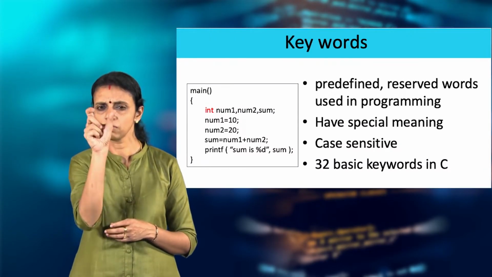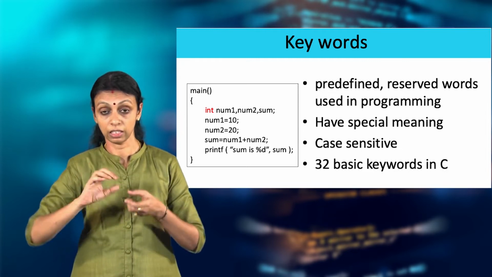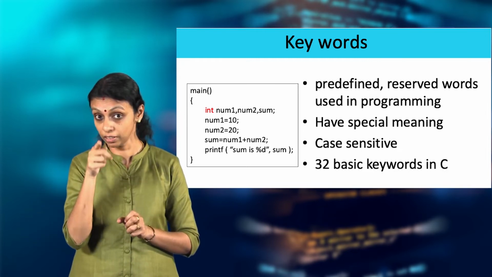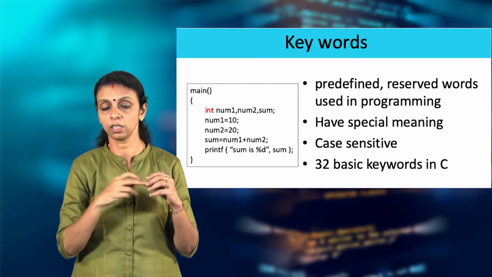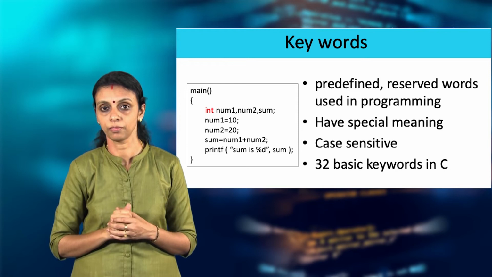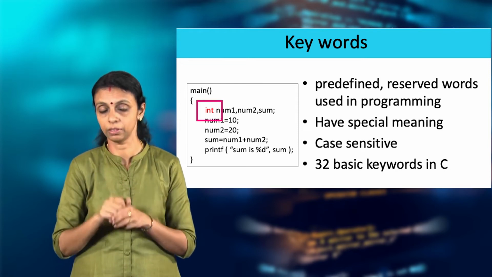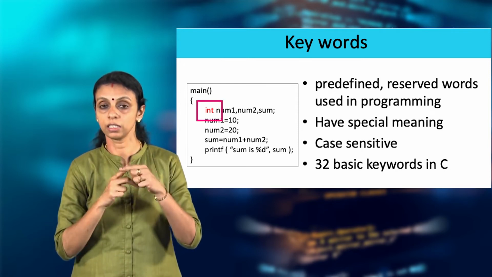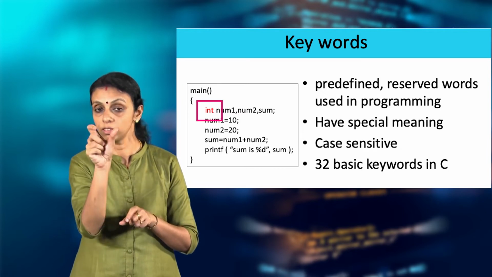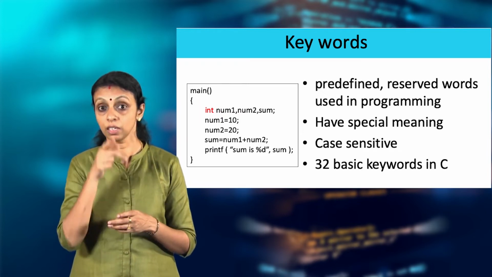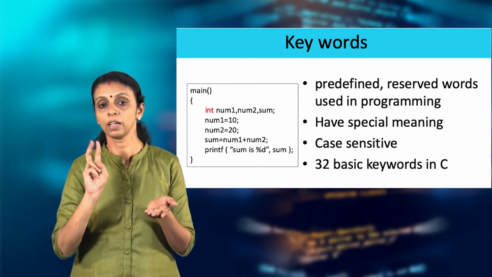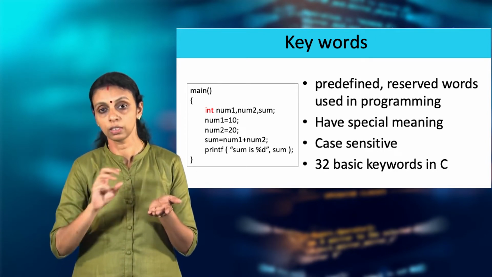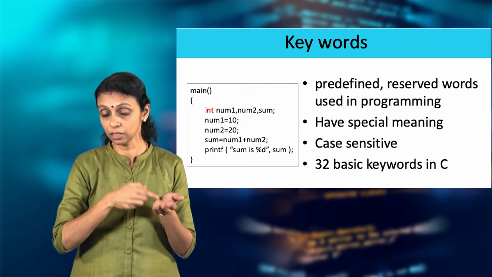Keywords are predefined, reserved words used in programming. They have special meanings. In the example, int is a keyword. That is, it says num1, num2 and sum memory areas can store only integer values.